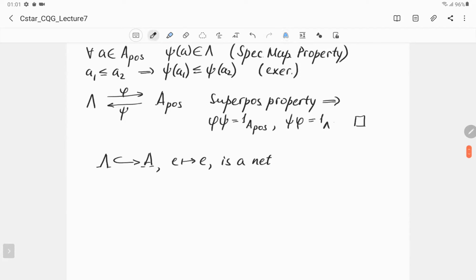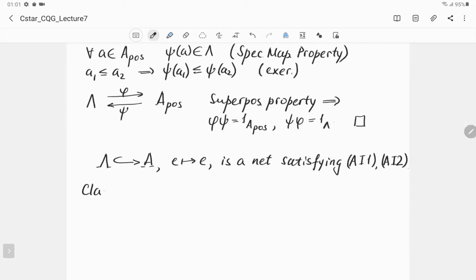So now we have to show that this net is indeed an approximate identity.